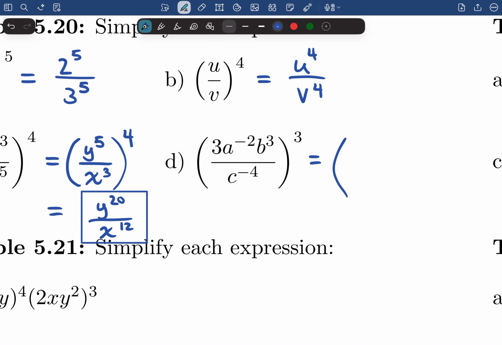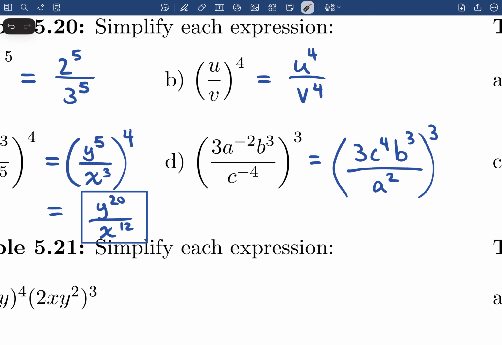So I would rewrite this as 3 times c to the 4th times b cubed divided by a squared, and then all of that is cubed. You see, I took a to the -2, I moved it to the bottom, and it became a squared. C to the -4, I moved it to the top, and it became c to the +4.